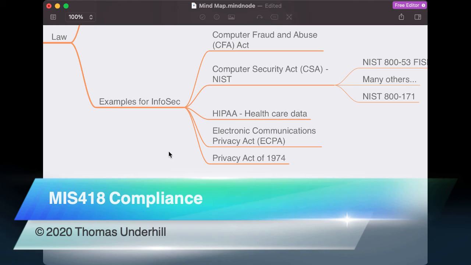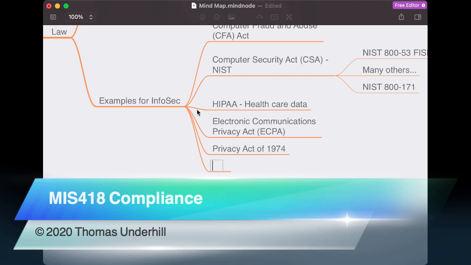Now, there are lots of other laws. So look on pages 80 through 84 for more examples. There are a lot of different ones here, and it's not necessarily exhaustive.